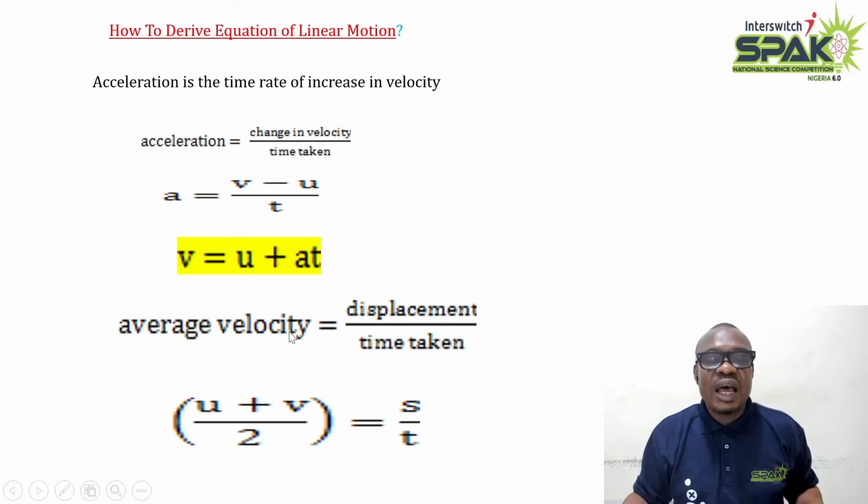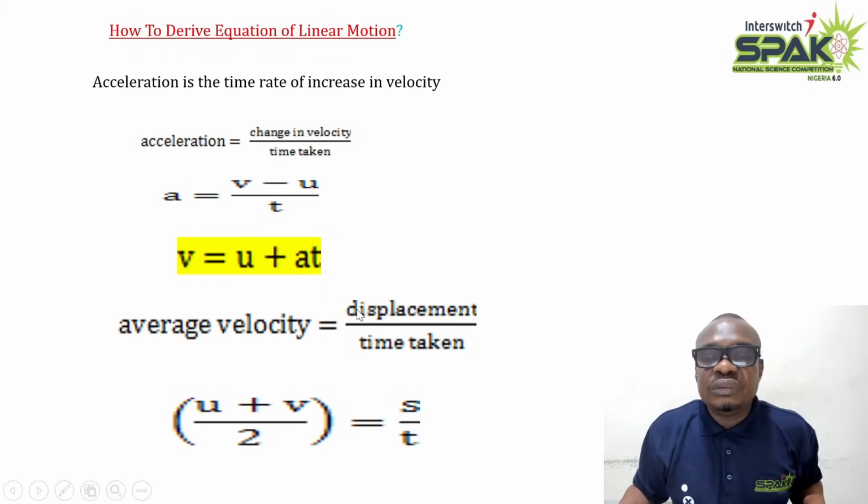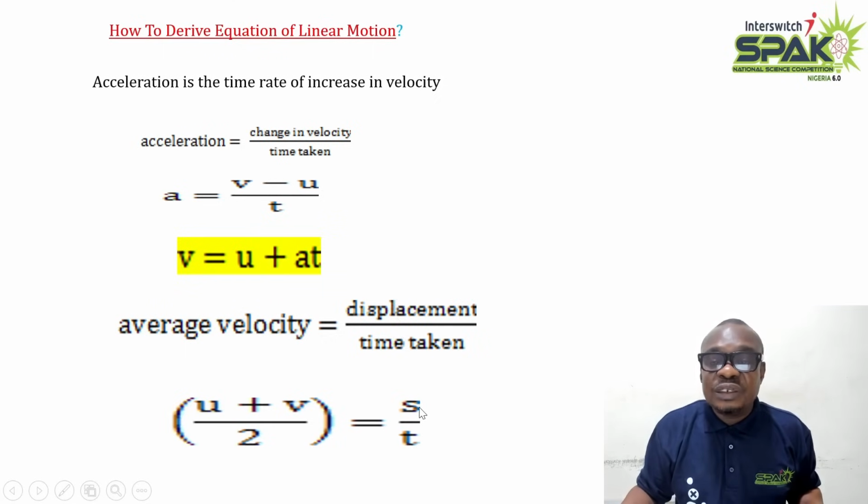Now the next one, average velocity, which is the displacement over time. Displacement is represented with the letter s, time with the letter t. Then how do you obtain your average? You have your two velocities, initial and final, add them up and divide by 2.